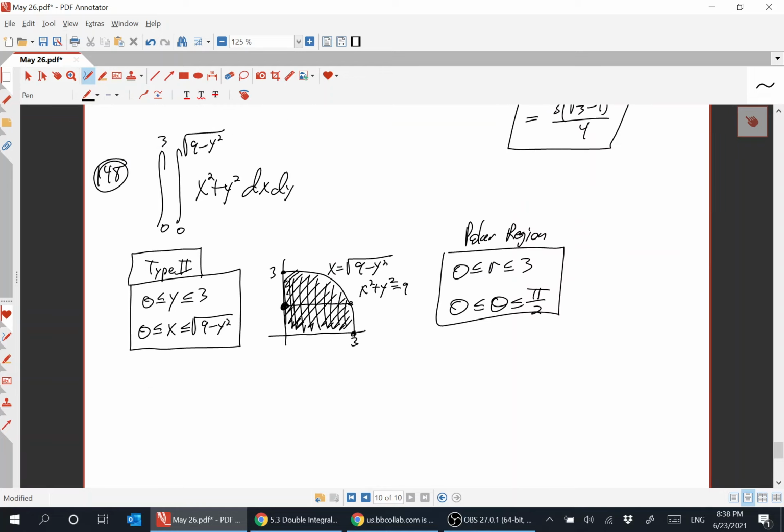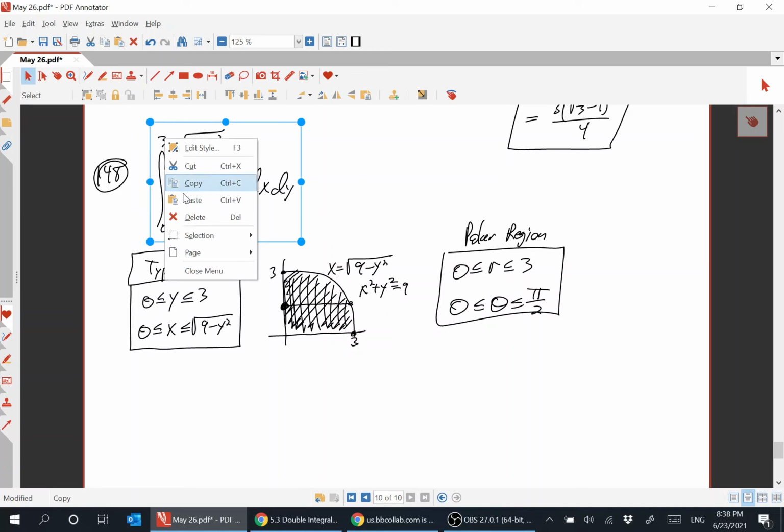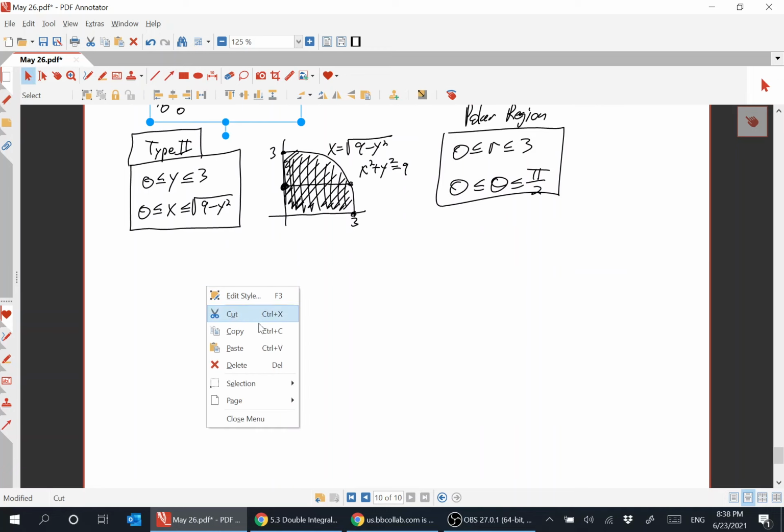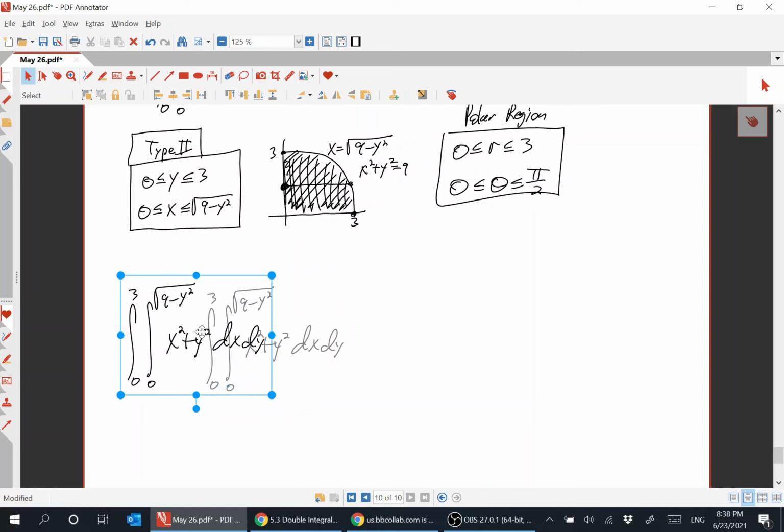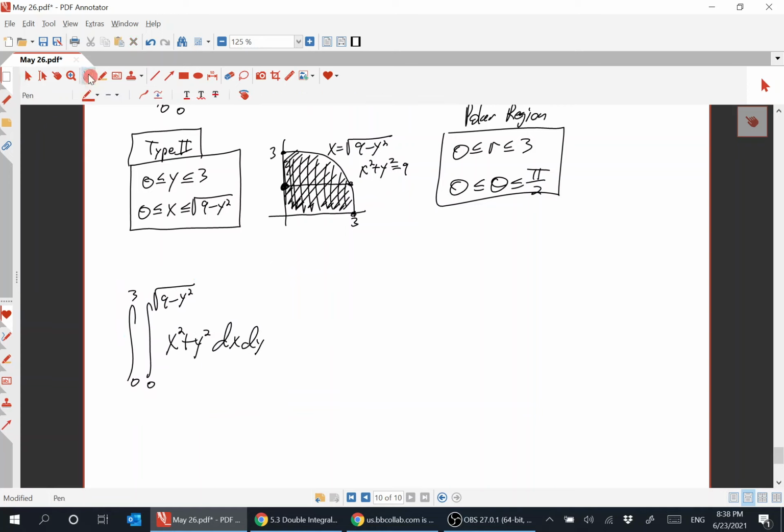So this original integral, right, this is your D. This is just the double integral over D of x squared plus y squared. Now I'm going to transform that to polar coordinates. So 0 to 3 for r, 0 to pi over 2.